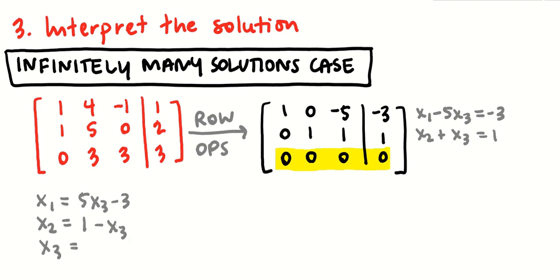And then x3 seems like it can be whatever it wants. So this is an algebraic specification of the solution space, but I think we can do a little bit better because of the work that we've done so far this year. I'm going to say that this looks like (5t minus 3, 1 minus t, t).